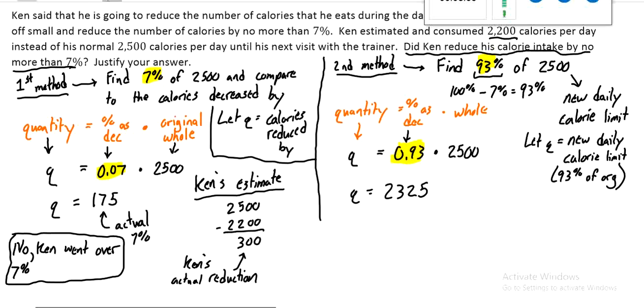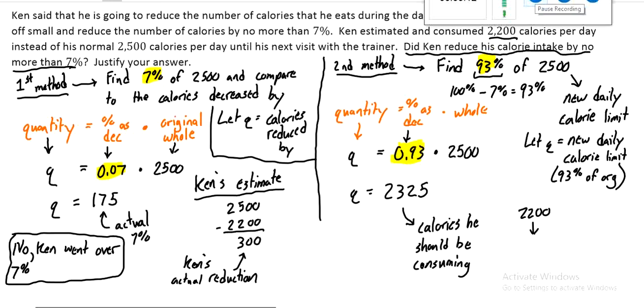Again, we see how he consumed less than that. He consumed 2,200 calories per day. So he reduced his calories more than he should have. So this is the number of calories he should be consuming, whereas 2,200 is the calories he's actually consuming.